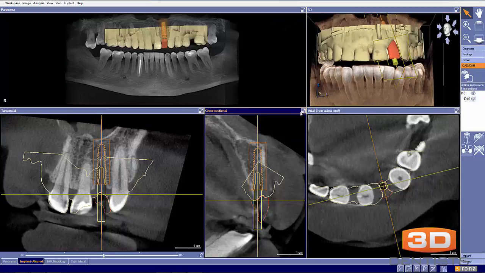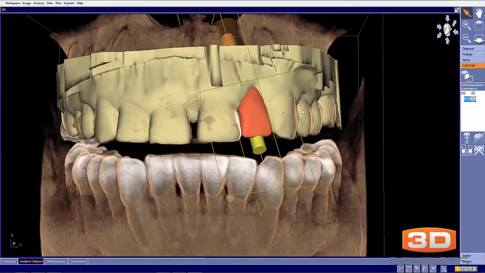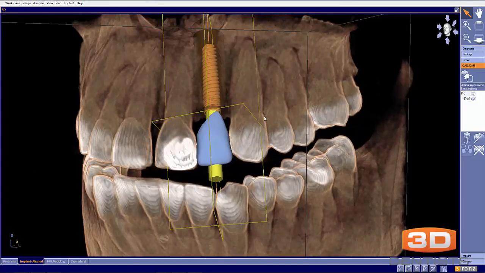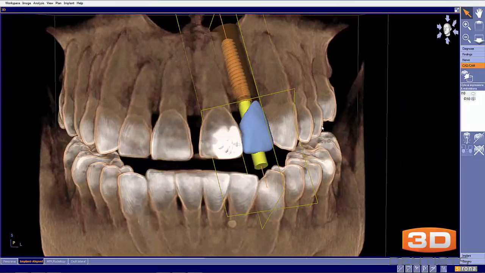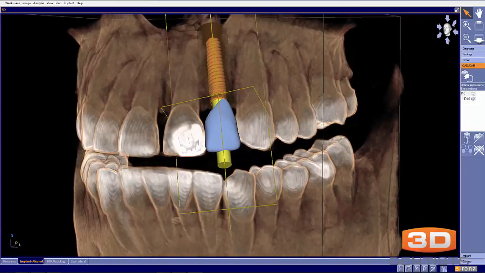Now, in terms of the implant placement itself, a couple of things that I would like to point out on this particular placement. What I would like to do here is just take a peek like so. One of the things that I see here is that our implant, as I did in the previous video prior to this, our implant position is here, and probably our long axis is probably more along that line right there.